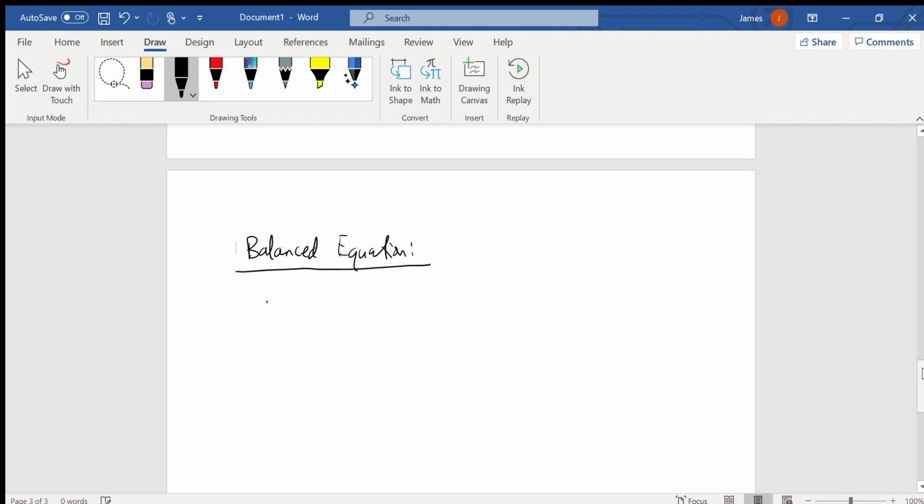So let's say we have, I don't know, NaNO3 plus AgCl to give NaCl plus AgNO3. I'm not worried about solubility of solid, liquid, or a gas. I'm not really bothered here. But let's say we had this balanced equation, and it's balanced at the moment.